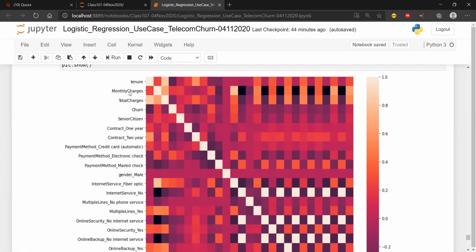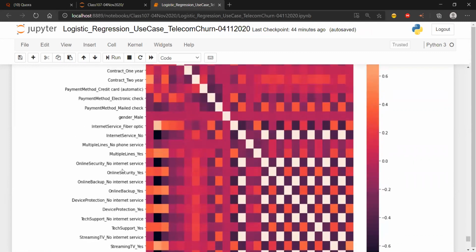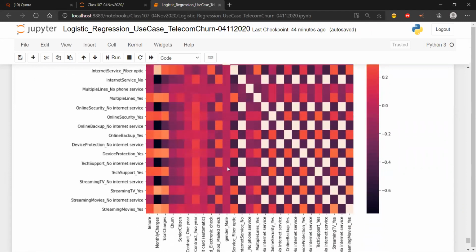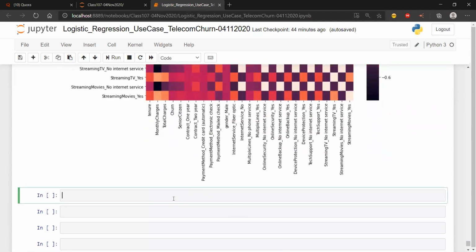I'm going to look at the cases which are my feature variables, and selectively find out the columns. I'm going to write the names of those columns which are very highly correlated, and then I'm going to drop them.